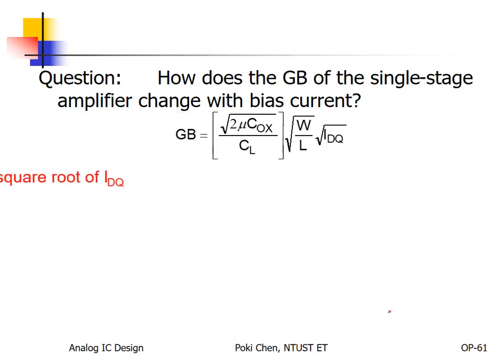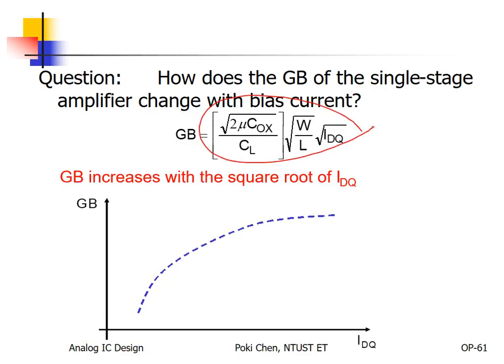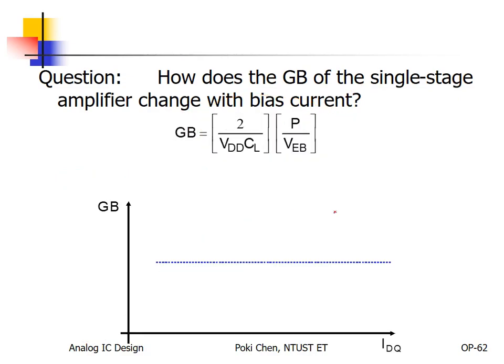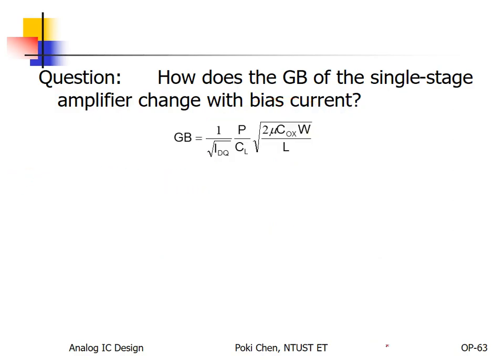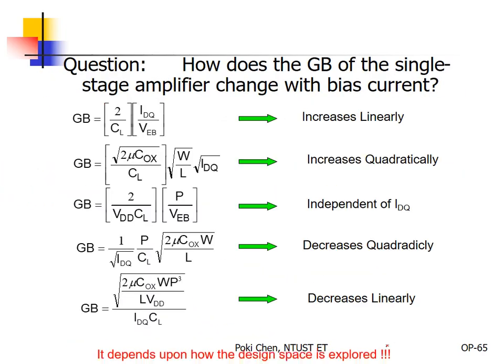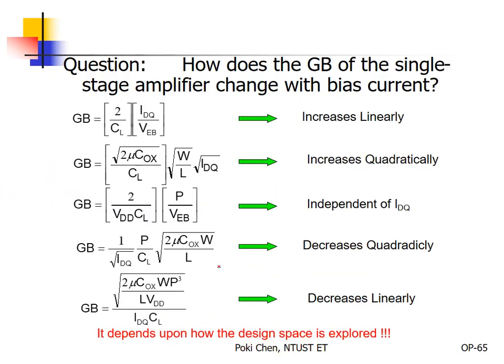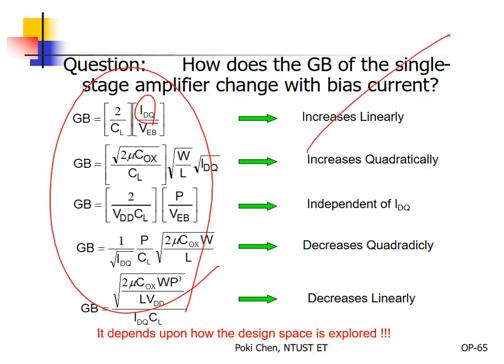Under the other equation, it looks like that, and again it is constant because IDQ doesn't exist in the equation. So gain bandwidth product is irrelevant to your IDQ. Among all those equations between gain bandwidth product and IDQ, this is a linear increase, this is a quadratic increase, and this is independent.